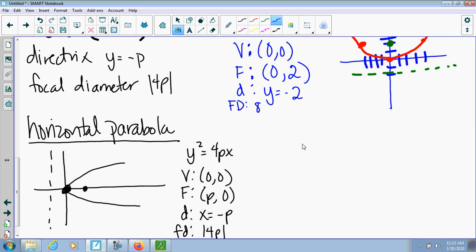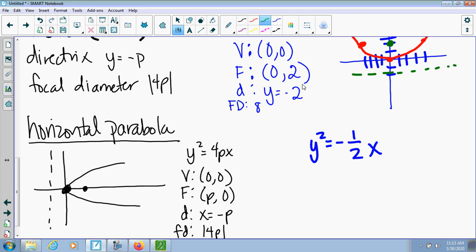Okay? So if we just wanted to do one real quick, let's say I had y squared equals negative 1/2 x. So if you look at this, the way that it matches up, we know it's going to be horizontal because of y squared. Okay. Also, it's going to go backwards because it's a negative 1/2 instead of a positive in front of the x.